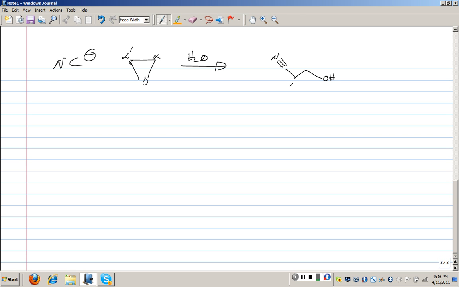The alpha prime is still bound to the alpha, which is still bound to the O. So what's really happened is I've made an OH bond, I've made a carbon-carbon bond, I have broken a carbon-oxygen bond. And that is in essence what's happened in the reaction.